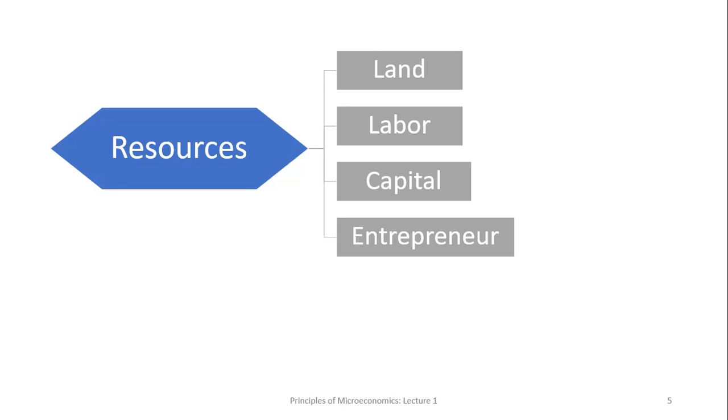It is not your output, but it helps you produce the output. Last is entrepreneur or organization. An entrepreneur or organization represents a body or a single person, I mean, a single person or a group of people who take all the decisions, and with every decision, there is a risk involved. So we can say these are the decision makers and risk takers.